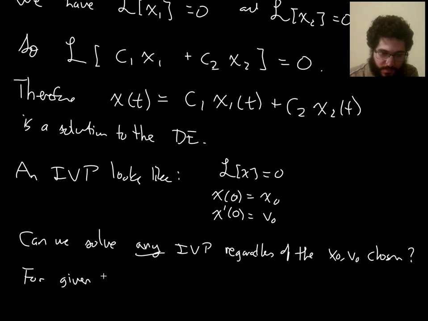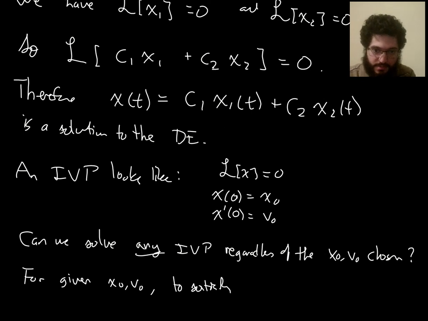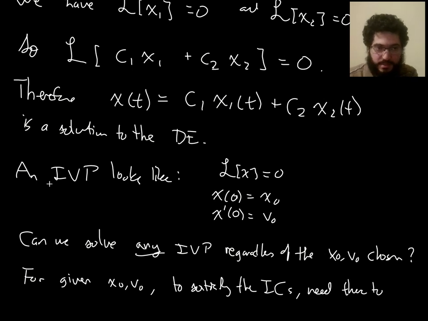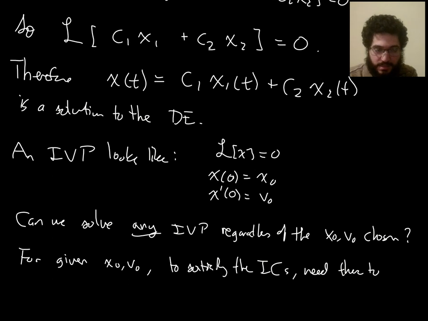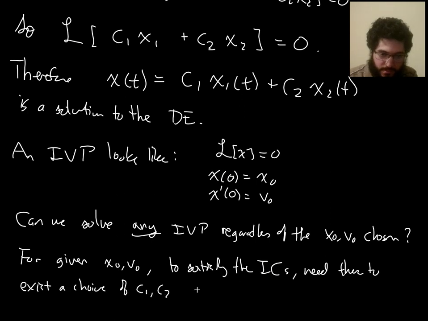For given x naught, v naught, to satisfy the initial conditions, we need there to exist a choice of C1 and C2 here that makes the following true.